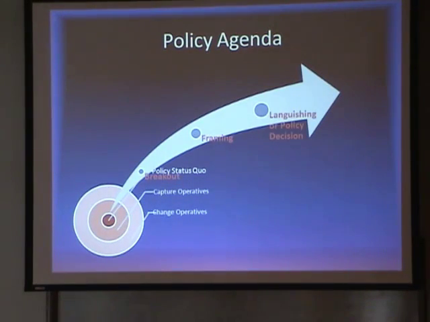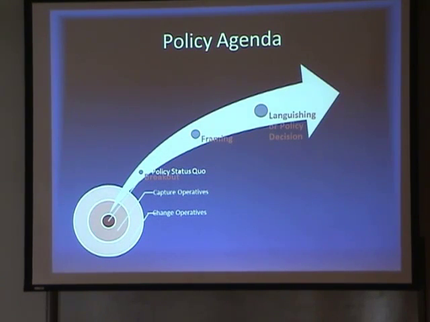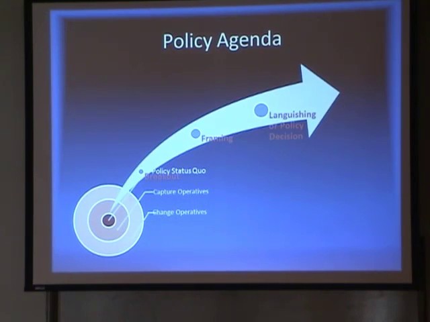The process that I've been talking about then, that if we're going to be able to get a status quo onto the policy agenda so that we can look at it and perhaps change it, there's got to be a breakout where this balance between the capture operatives and the change operatives allow that second phase of power, that keeping something from happening, to break down.